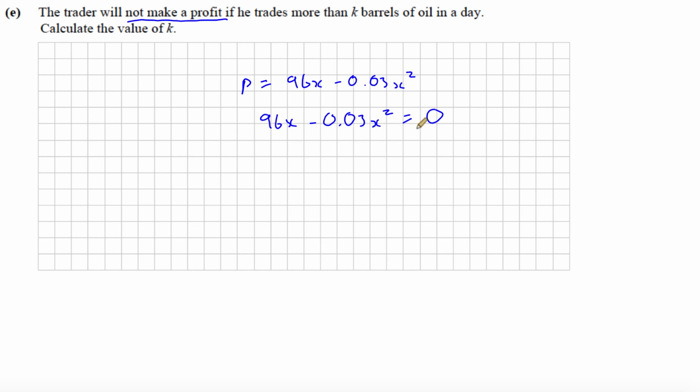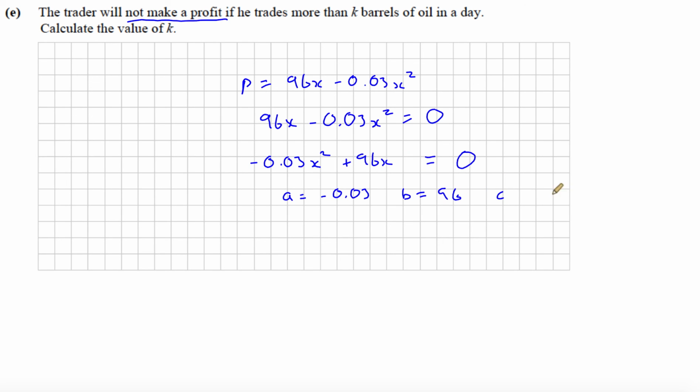I'm just going to rewrite this here as minus 0.03x squared plus 96x equals 0. So we can see here then that in this quadratic equation, my a value is minus 0.03. My b value is 96.